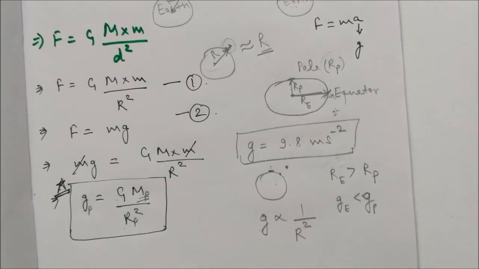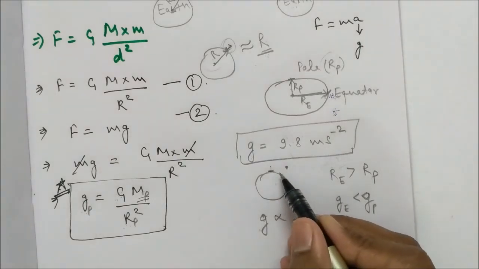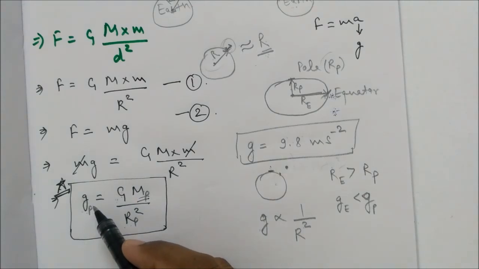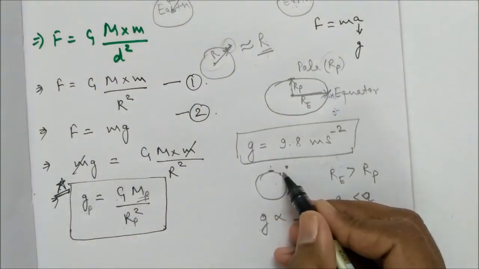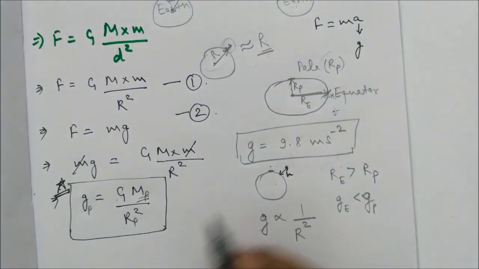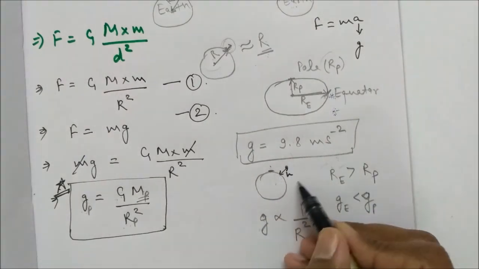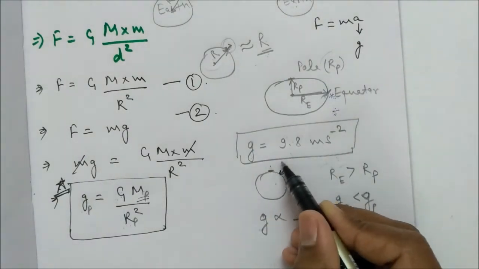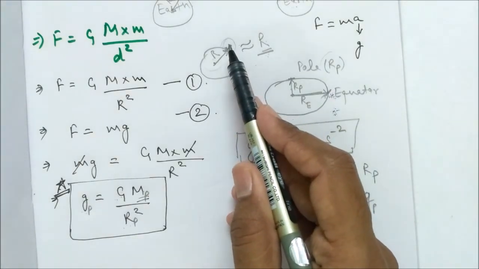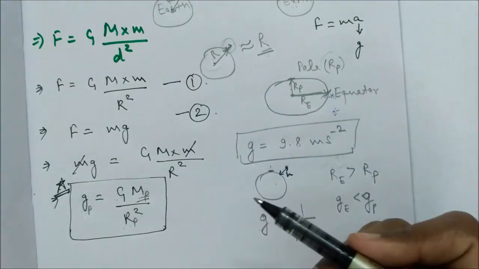There is another conclusion: if we increase the height or depth, then the value of g will reduce. How? If we increase the height of the object from the earth, we have to consider the distance that we were neglecting earlier. Here the distance was very small, so we were taking the capital R only.